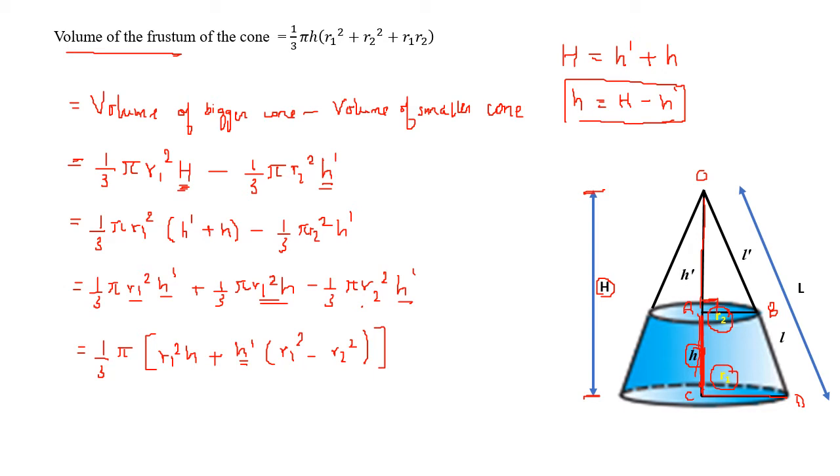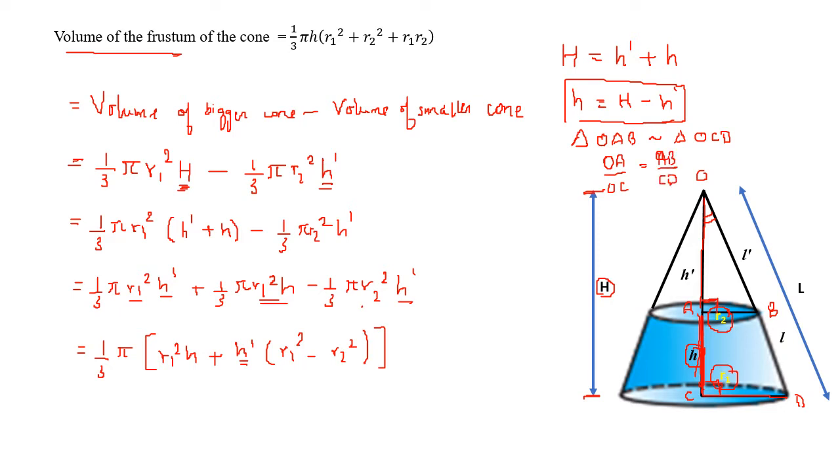This angle is 90, and in OCD this is 90, and this angle is common to both. So triangle OAB is similar to triangle OCD. So I have got OA upon OC equal to AB upon CD.